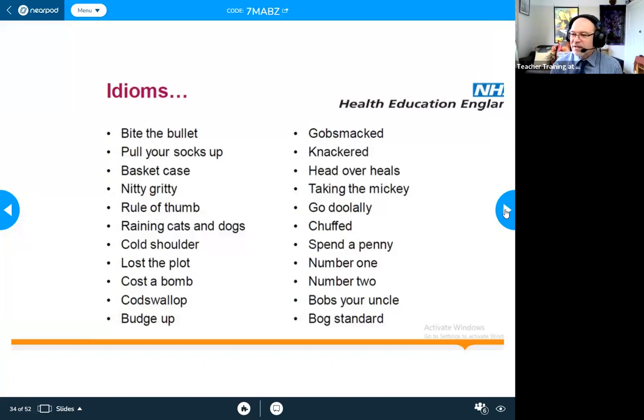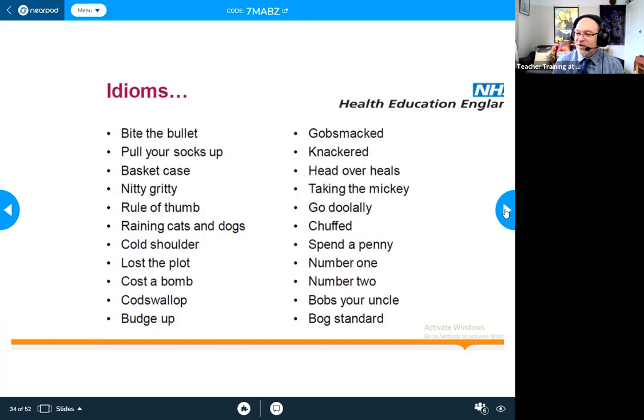Idioms are something we need to be aware of all of the time. I think some of these are particularly used in medicine. I guess there's a number 1 and a number 2 there, which probably come up quite a lot in medicine. The only one I know that I use is Bob's your uncle.